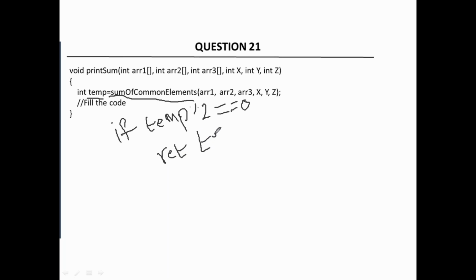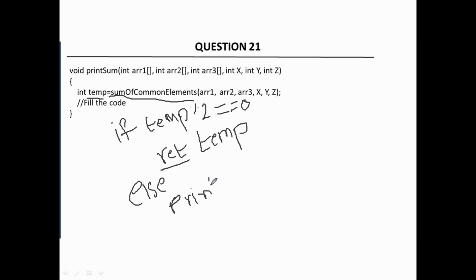If it is odd, in the else block you should return like this, guys. Or else I think we should print here itself. If the common sum is even, it is printed as well.